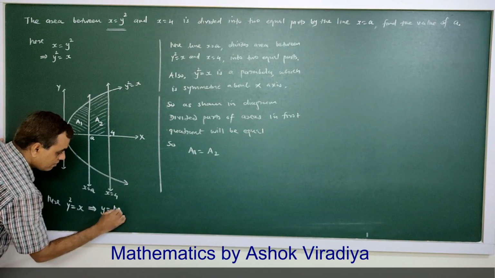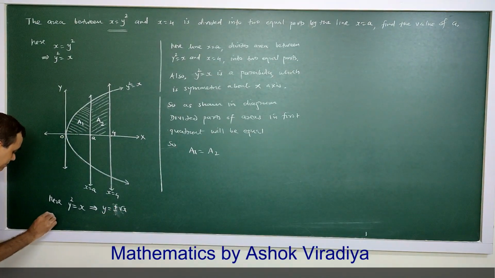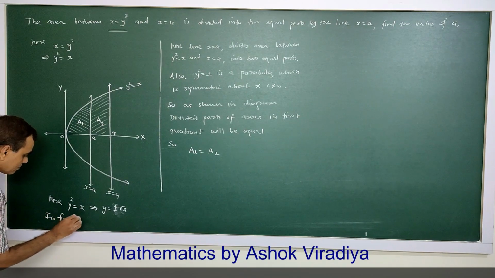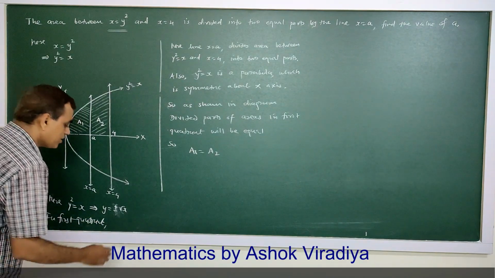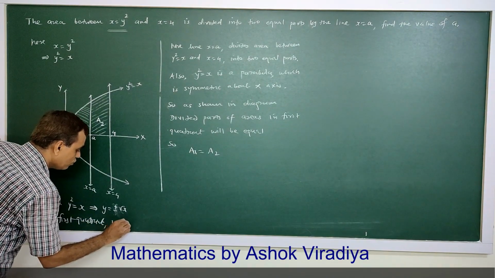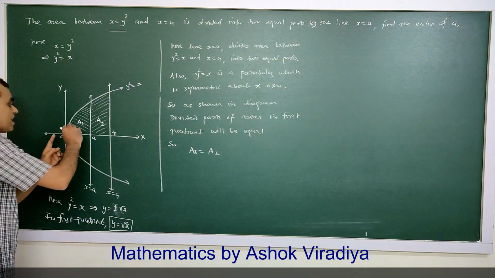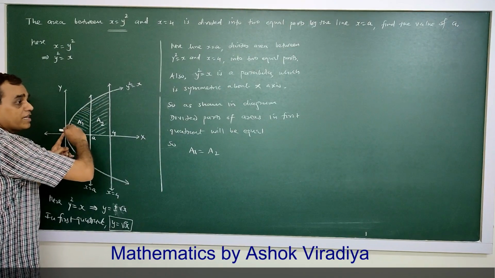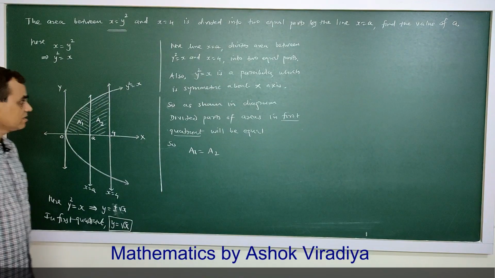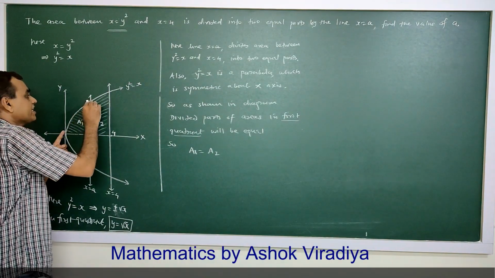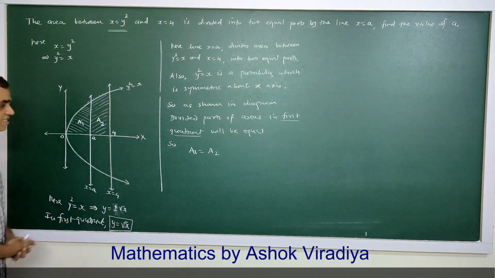But in the first quadrant, y is positive, so y equal to root x. We will use this in calculation because we are calculating area only in the first quadrant. In the first quadrant, the y coordinate of every point on this curve is positive, so y is root x.